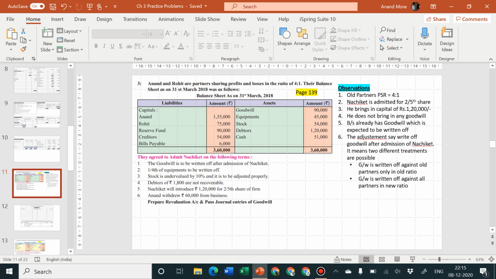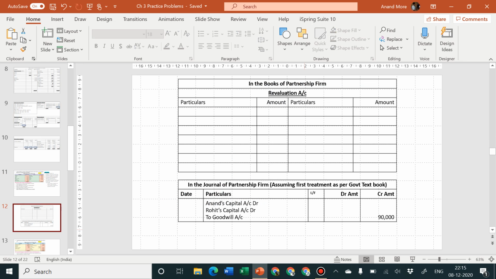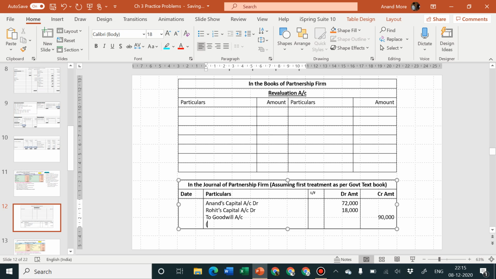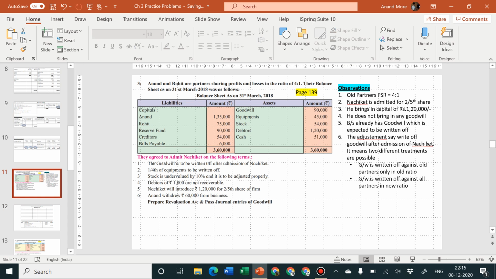So 72,000 is the debit for Anand and 18,000 is the debit for Rohit. Being existing goodwill written off 90,000. Okay, so the first adjustment is over.